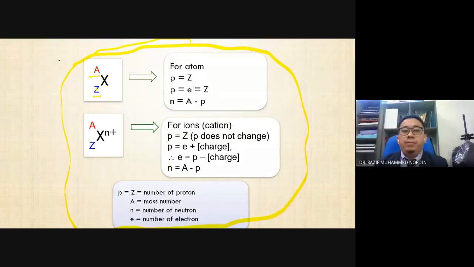For an atom, proton equals electron equals Z, doesn't matter the number of Z. But if the element X now has a charge, we want to look at the number of electrons.